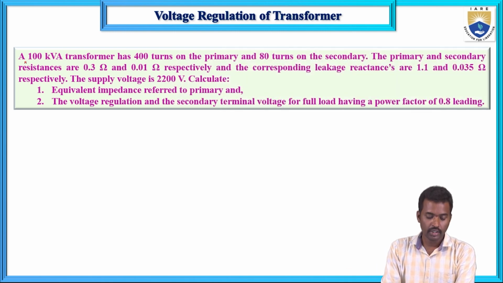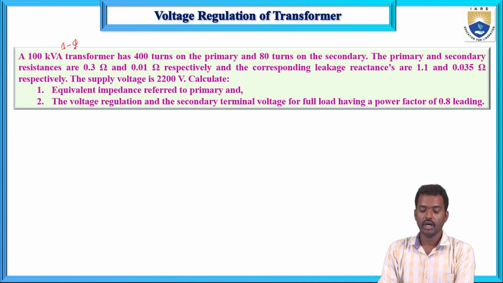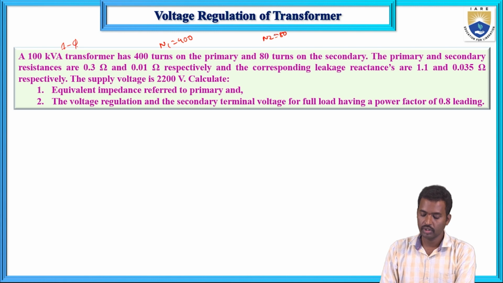Next, a 100 kVA single phase transformer has 400 primary turns, N1 equals 400, and 80 secondary turns, N2 equals 80.